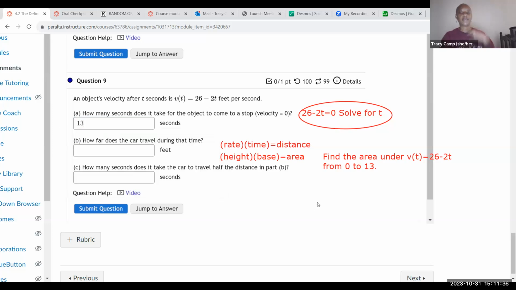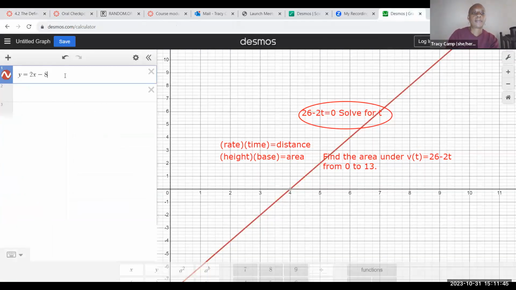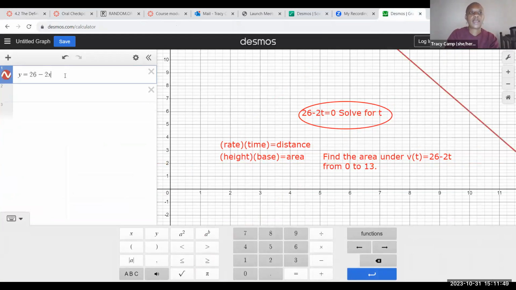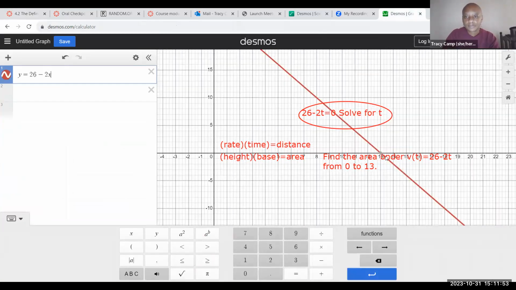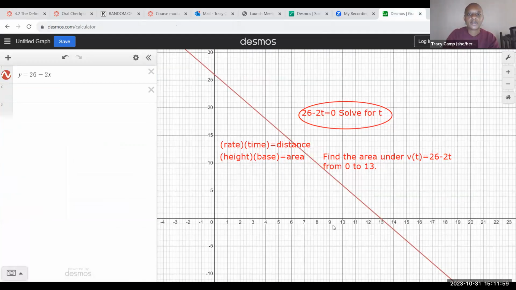So you're basically finding the area under this function 26 minus 2t from 0 to 13. So you can put this function in, 26 minus 2x, and here's 13, right? And so you're finding the area underneath this triangle here from 0 to 13. So that's what you're doing for that problem.